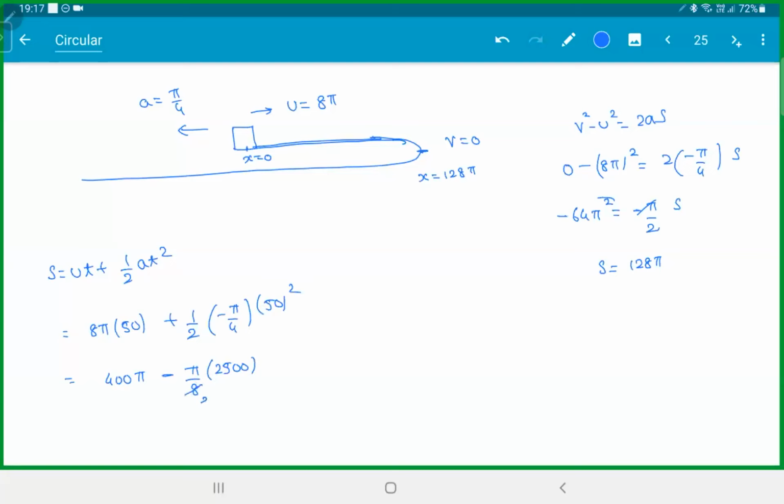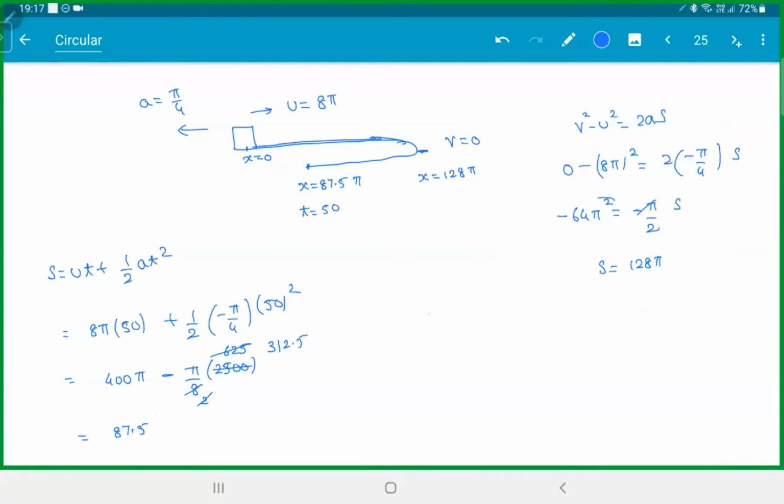How much is this? 625 by 2 is 312.5, so 400 minus 312.5 is 87.5. Okay, meaning it has only come till here. At 50 seconds, you're here.